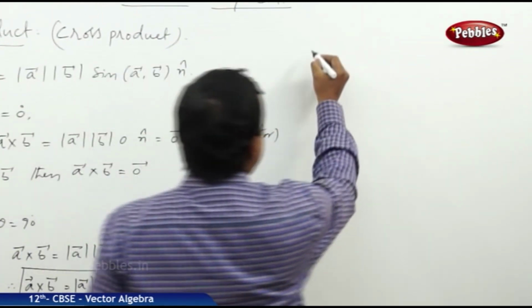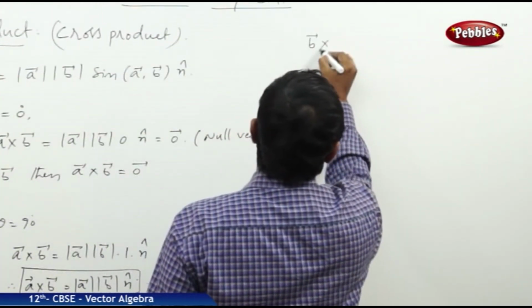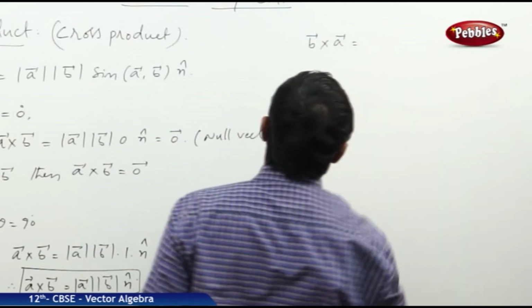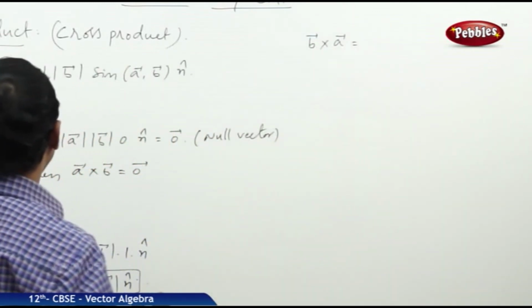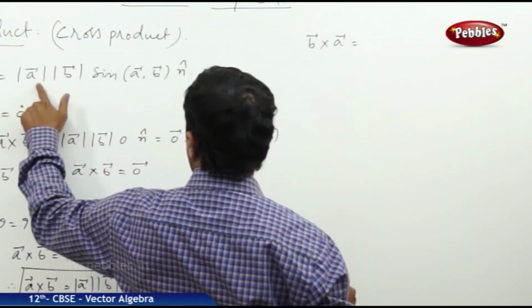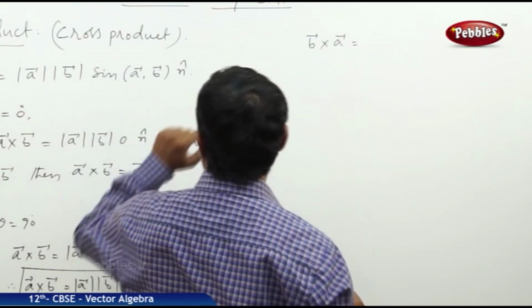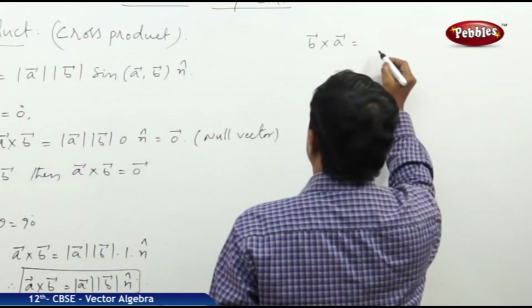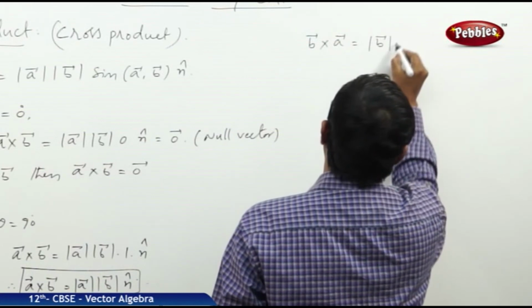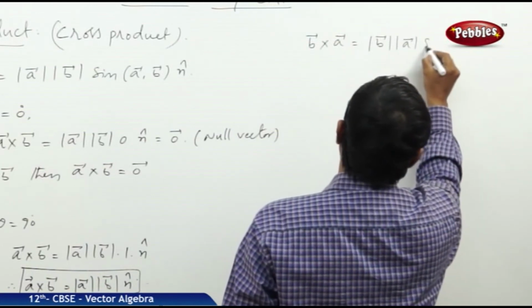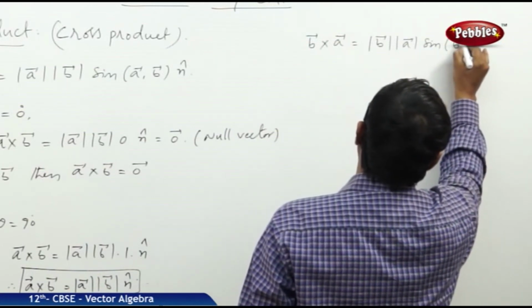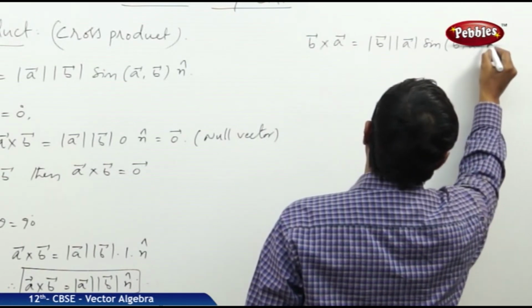Now, let us see what B cross A is. According to the definition of A cross B, it is mod A mod B sin of the angle between A comma B into n cap. Now, B cross A is equal to modulus of B modulus of A into sin of the angle between B comma A into n cap.